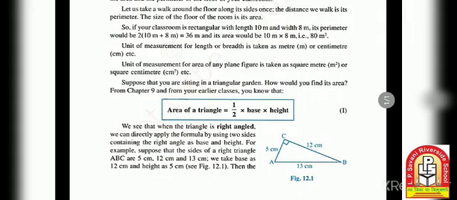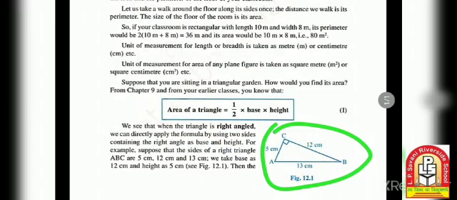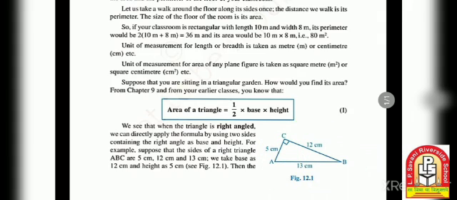When the triangle is a right angle triangle, we can directly apply the formula by using the two sides containing the right angle. If AC and BC are the perpendicular sides of each other, the base of this triangle is BC and the height is AC.